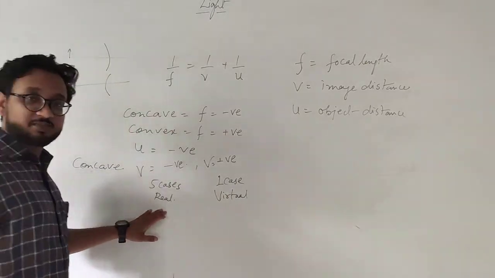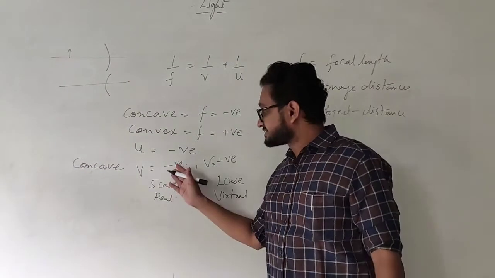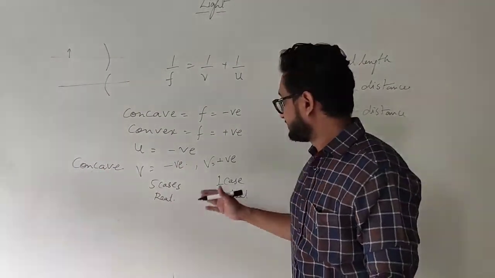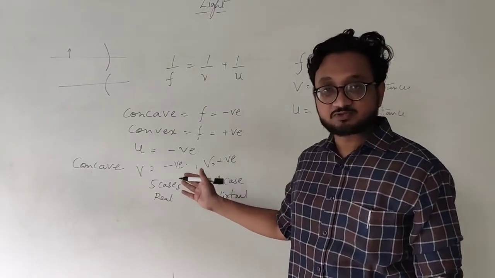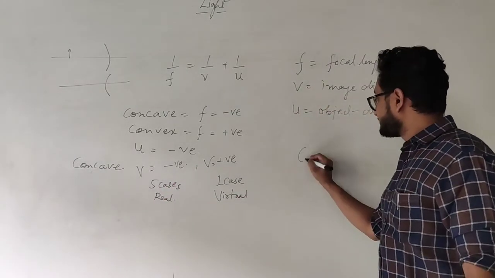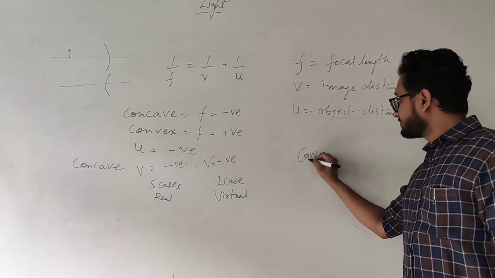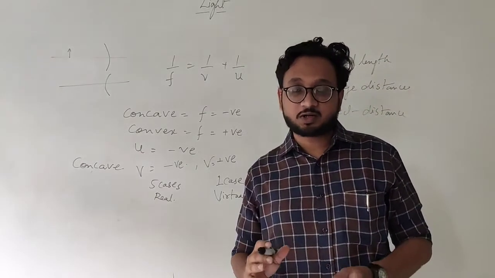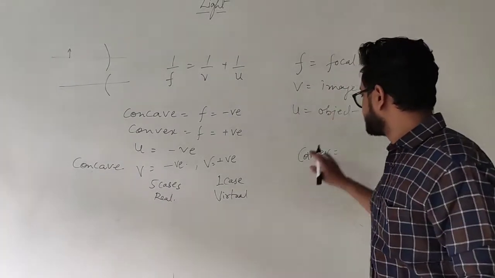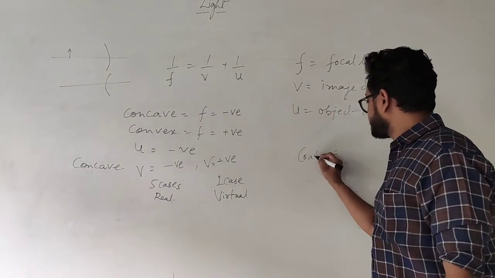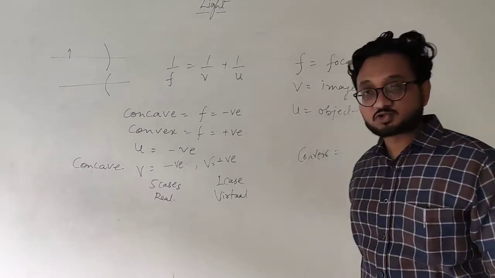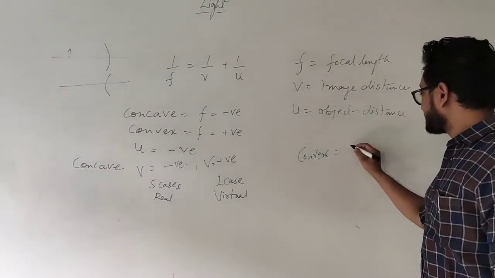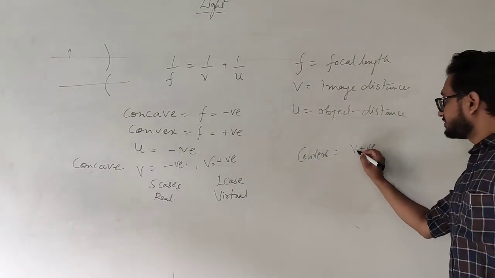So in case of real images, the image distance will be negative, and in case of virtual image, the image distance will be positive. Now for the convex mirror, we know that it is always a virtual image, and therefore in virtual image v will always be positive.